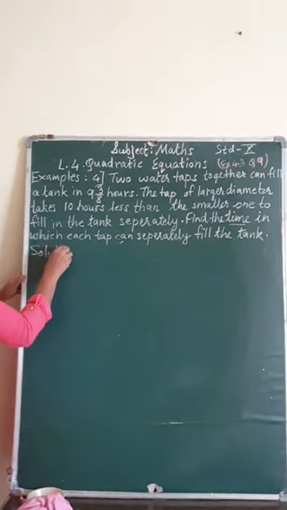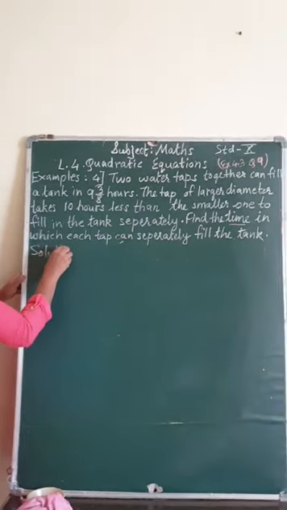Now we will see which x we have to take. What we have taken, x means the time taken by the smaller tap to fill the whole tank. Now here we have the information they have given us that together when they fill a tank it requires 9 hours and 3 upon 8, or we can say 9 full hours.